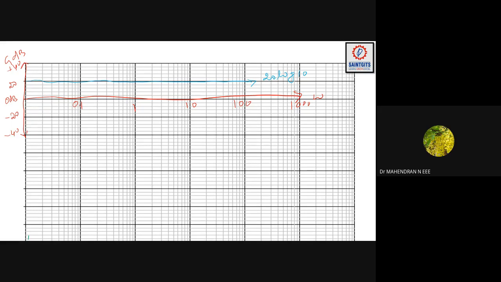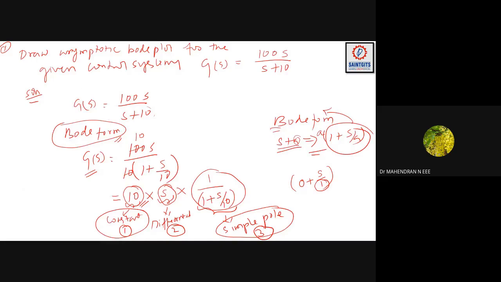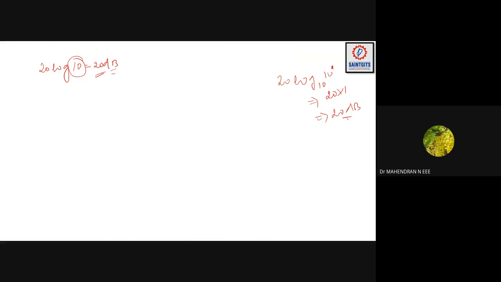Now we can draw the magnitude plot of the second function, which is a differential function. The second term can be written as 1 plus s divided by 1.